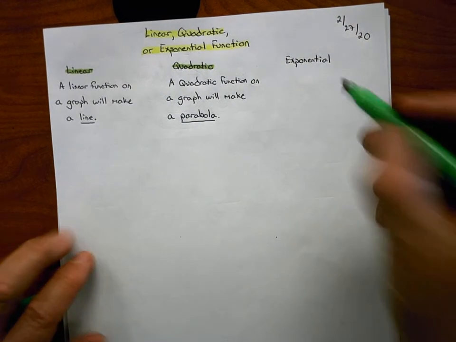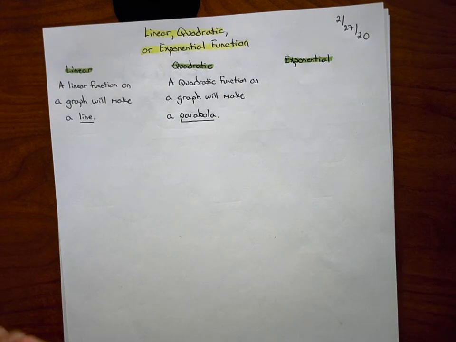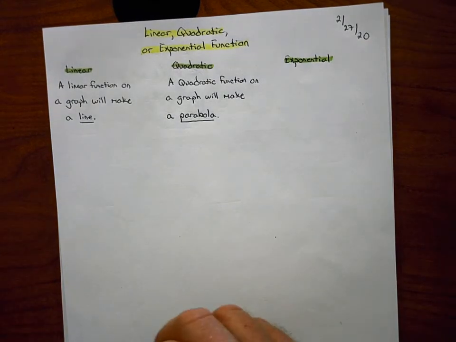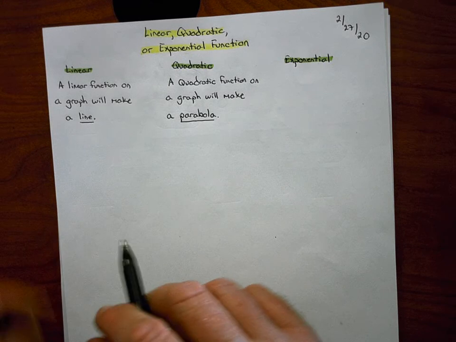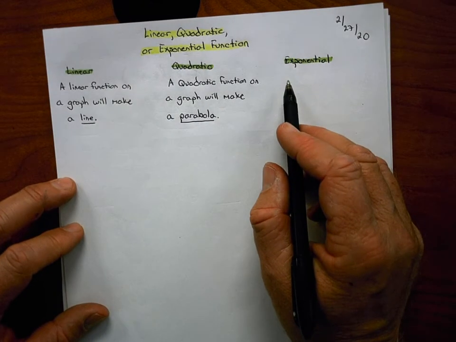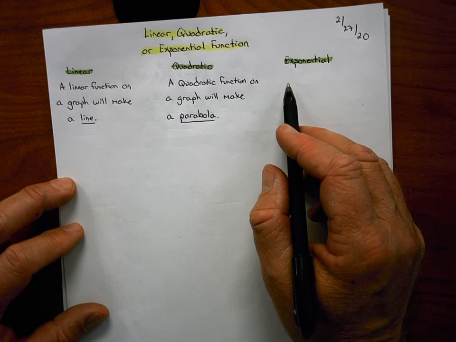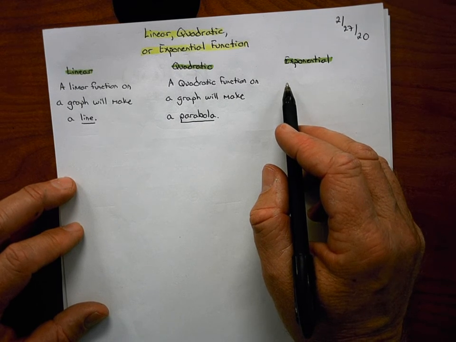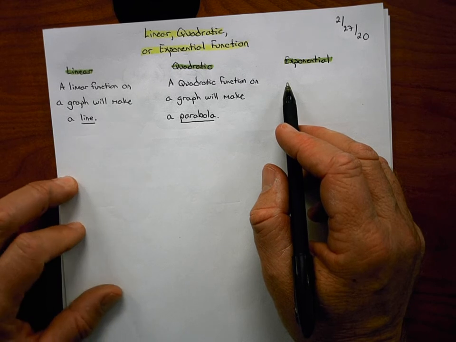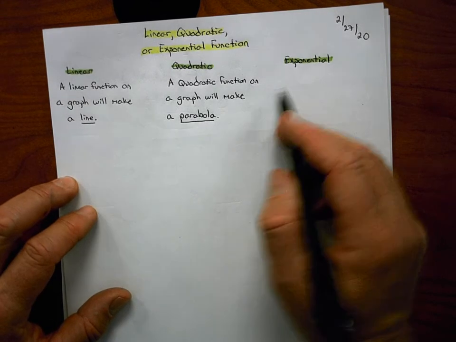And now exponential. Somebody in this class is going to have to dig deep into the catacombs of their brains. What will an exponential function on a graph look like? It's like a nice smooth curve that never touches the x-axis.